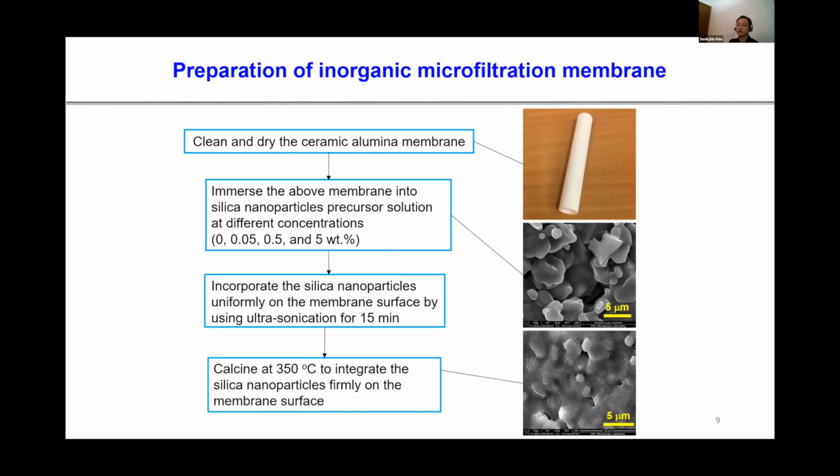This is what we did for the preparation of inorganic microfiltration membranes. An alumina tubular membrane was purchased, cleaned and dried. It was then immersed into a silica nanoparticle-containing solution at different concentrations of 0, 0.05, 0.5 to 5 weight%.